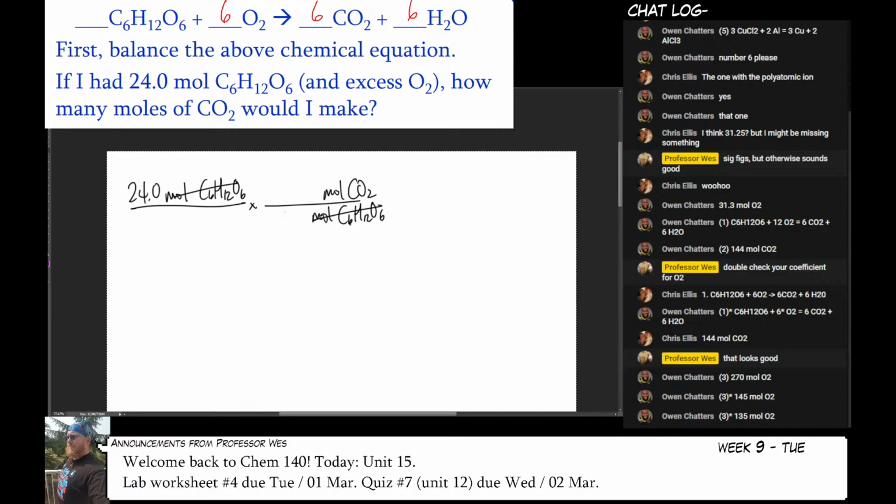And we just fill in the numbers. So for every 1 mole of glucose I use up, I also make 6 moles CO2. So whatever 24 times 6 is, which I believe is 144. Not minus 6 times 6. Yeah. 144.